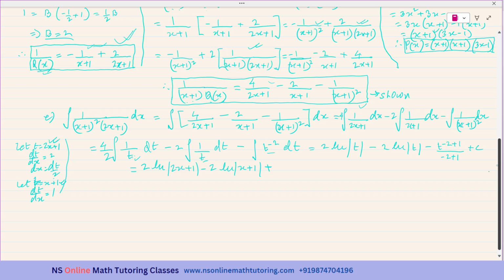And t to the power of minus 2 plus 1 is t to the power of negative 1, which is 1 over t. So plus 1 over x plus 1 plus c. Okay, this is the answer for the subpart E.